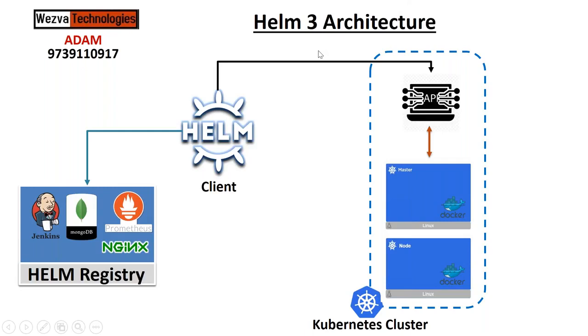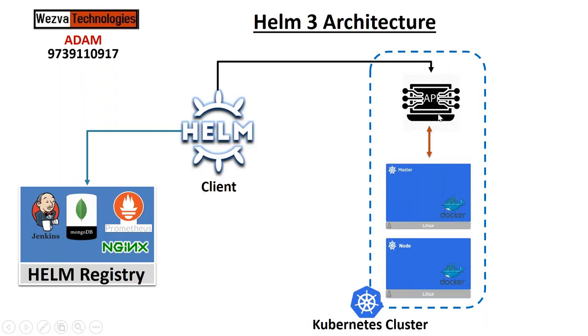Okay, so remember, there is no concept of server and client, or the component called tiller, in the new Helm 3 version. So all you have to do now is, along with your cluster, make sure that you have a package called charts created, which has all the definition or manifest files templatized, and then install the Helm client for your cluster and install whatever packages you want using Helm.